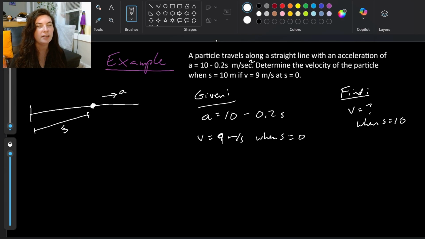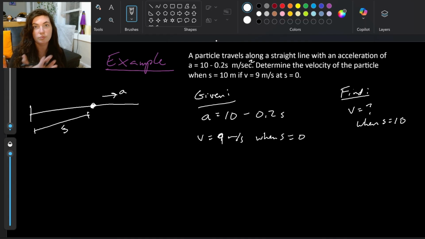So you'll notice that we're not actually given any times here. Normally our go-between from position, velocity, acceleration is some kind of derivative with respect to time. But in this case, we don't have any relationship to time. We only have relationships between each other. Specifically, we have one between acceleration and position.